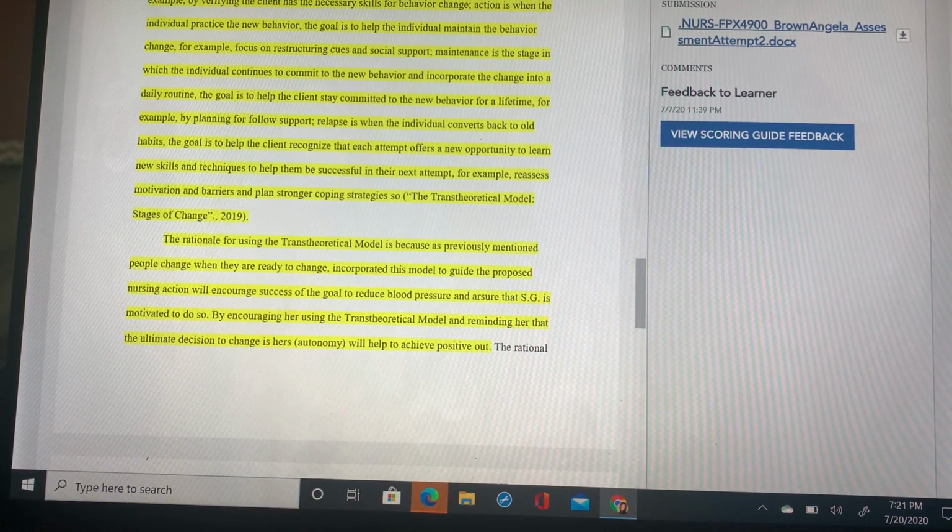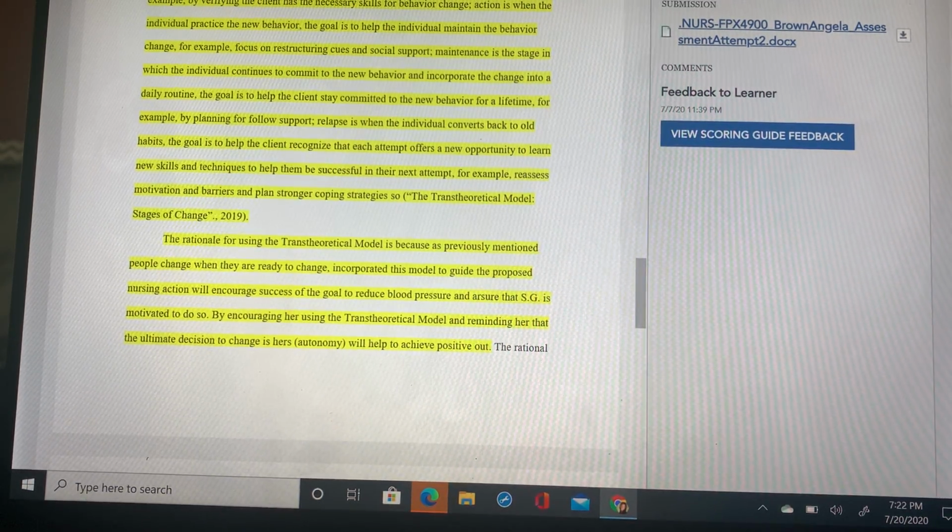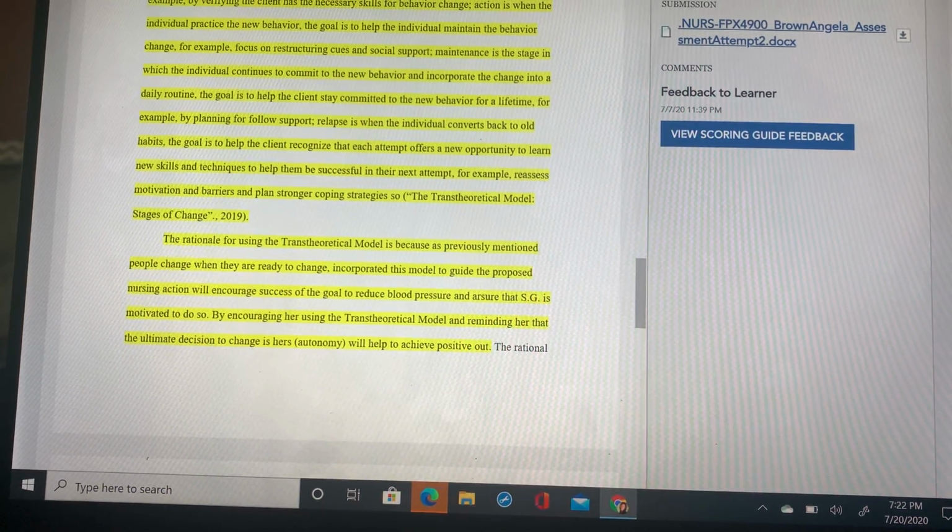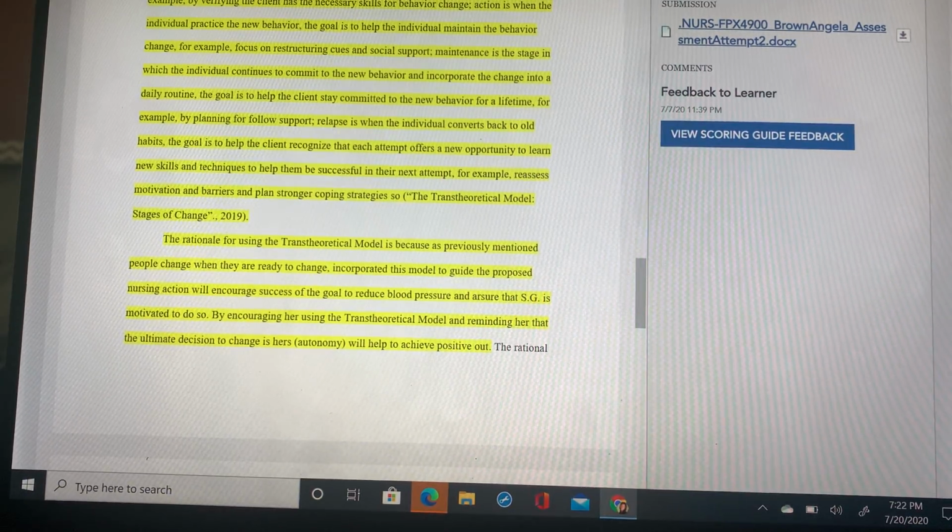By encouraging her using the transtheoretical model and reminding her that the ultimate decision to change is hers, autonomy will help achieve positive outcomes.